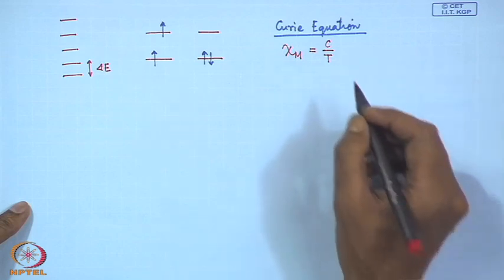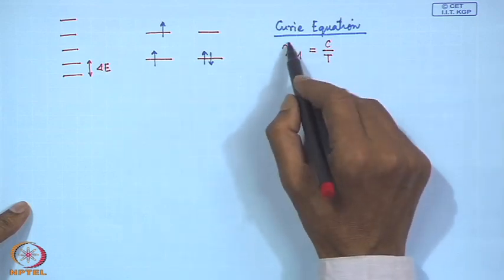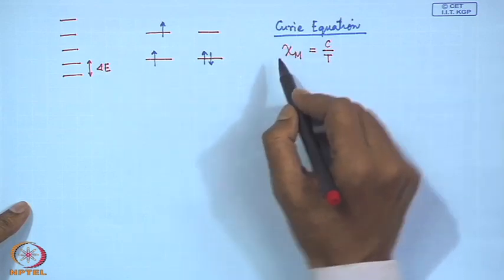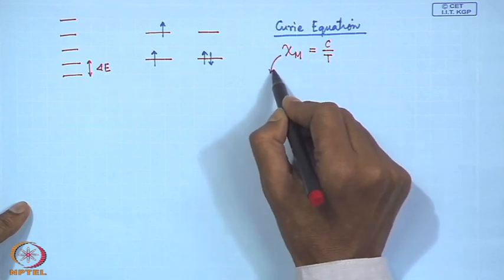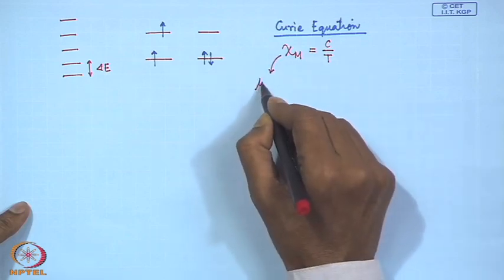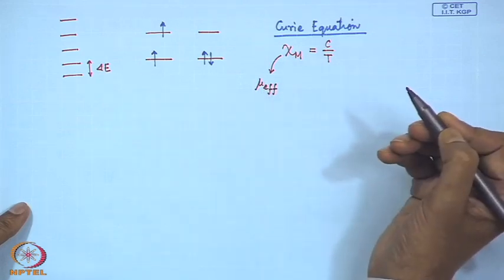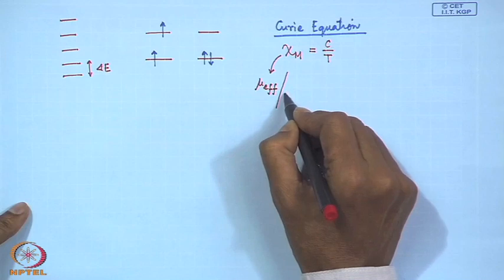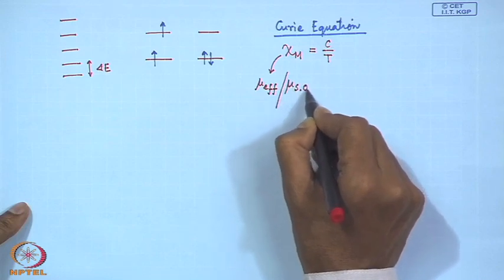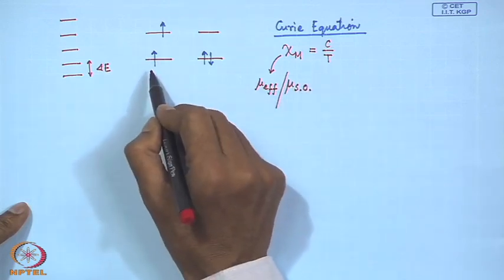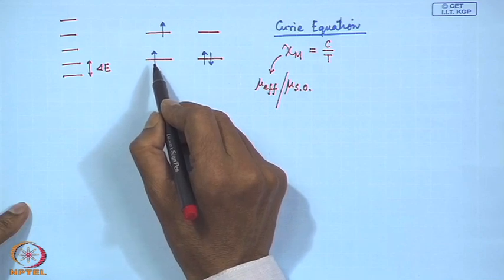We have seen in our last class that this particular term, the molar susceptibility, is very much related to the corresponding mu effective value or the mu spin only value, if we are considering only the spin magnetic moment or spin angular momentum.